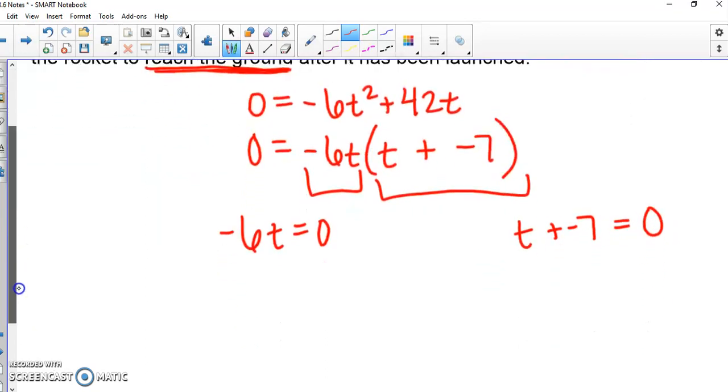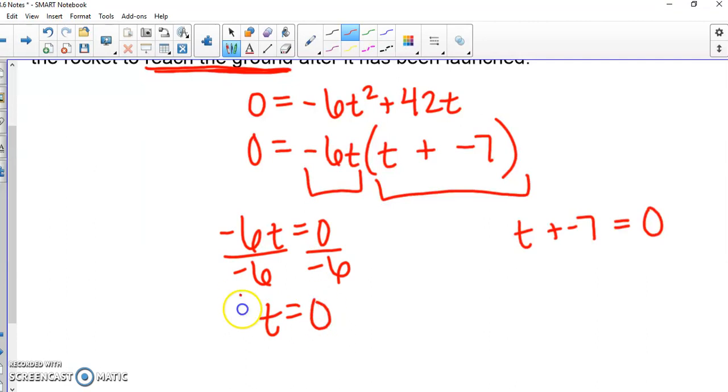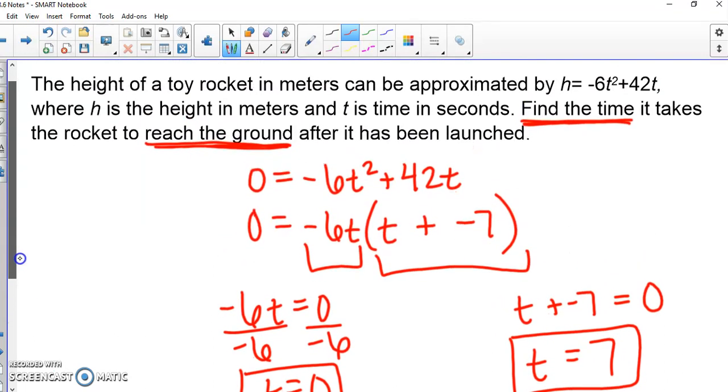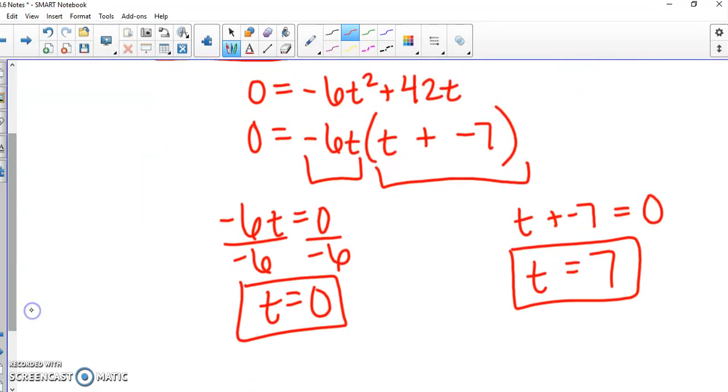Okay, so then I can go ahead and solve from there. So I'm going to divide by negative 6, and you can probably do that one in your head, but t will equal 0. And then over here, t will equal 7. Okay, so it's asking us how long it takes to reach the ground. Now this solution right here is where it started.